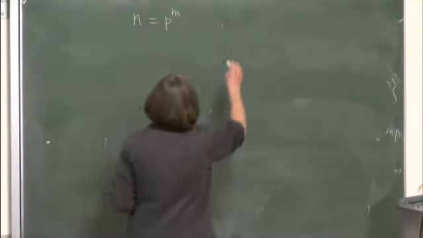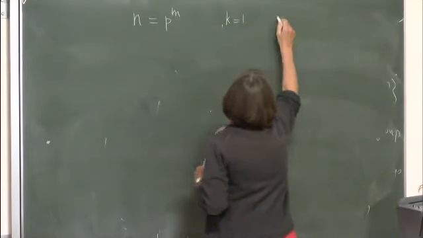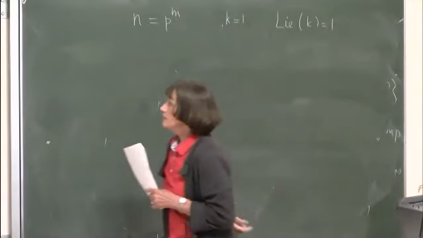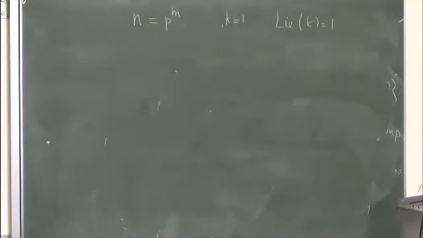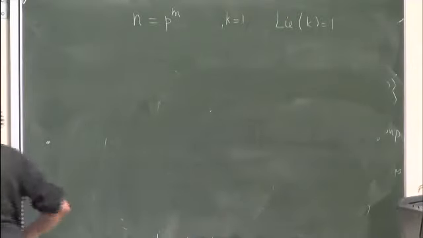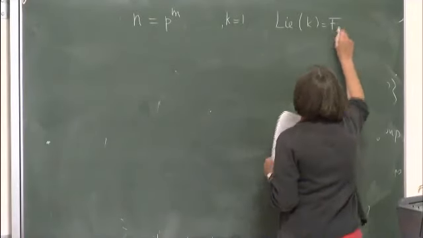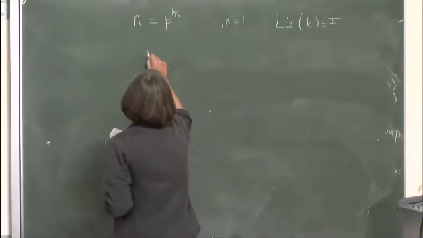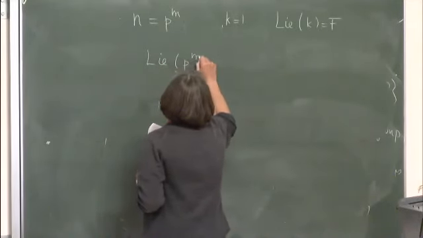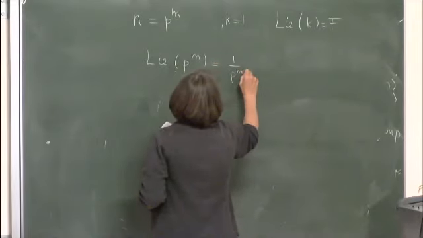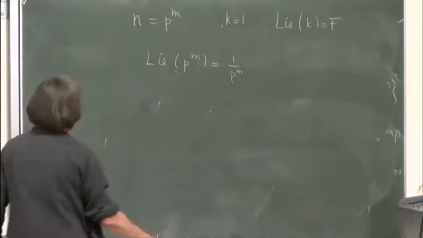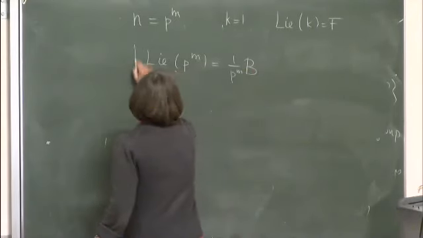Then this k is 1, so Lie k is just trivial, just the identity. And so we induce the trivial module of the identity to the symmetric group, and then we just get the group algebra of the symmetric group. So it tells us that Lie p to the m is just 1 over p to the m times the block component of the group algebra, so it's just B. So that's what it is.